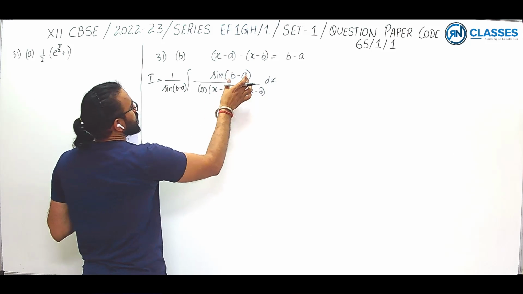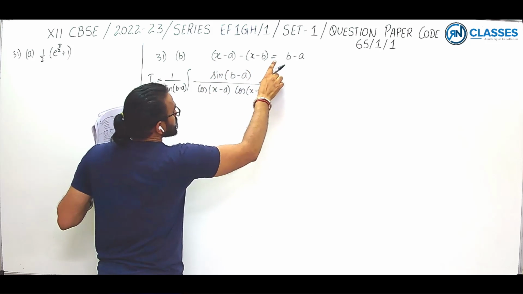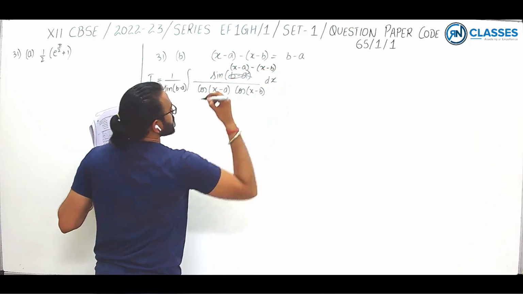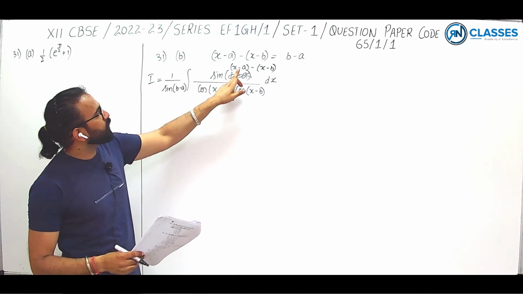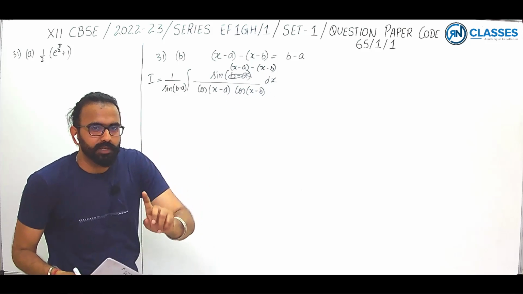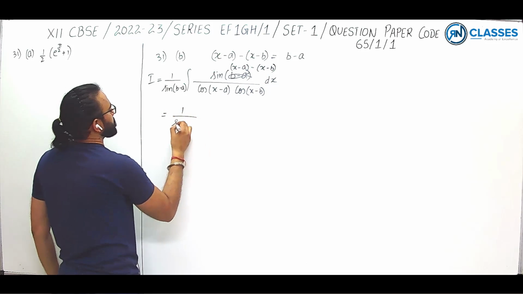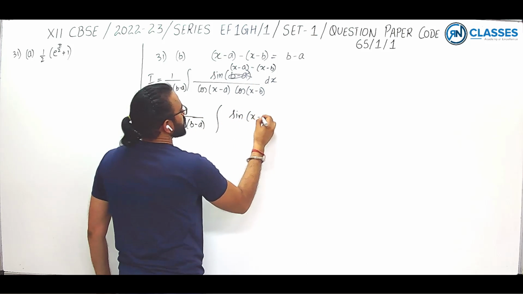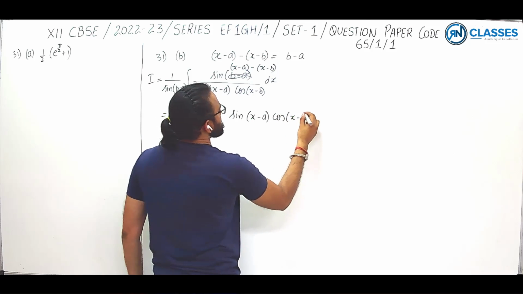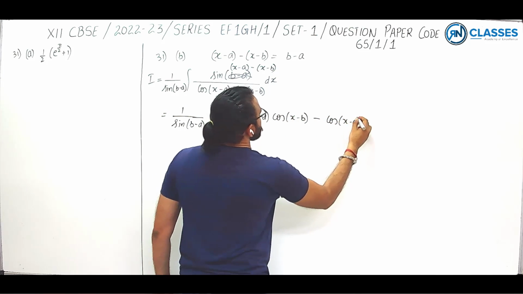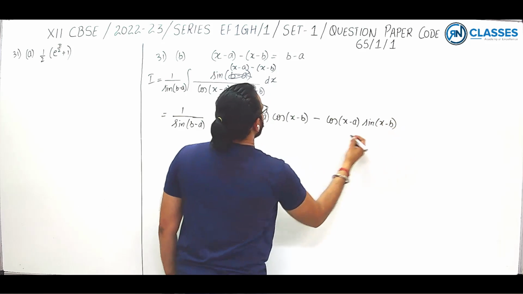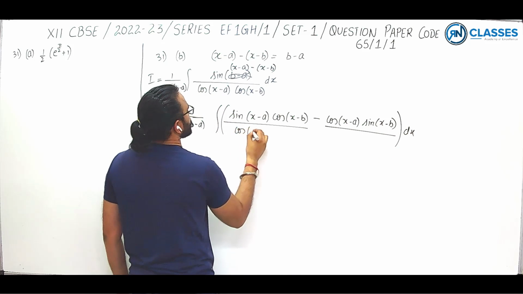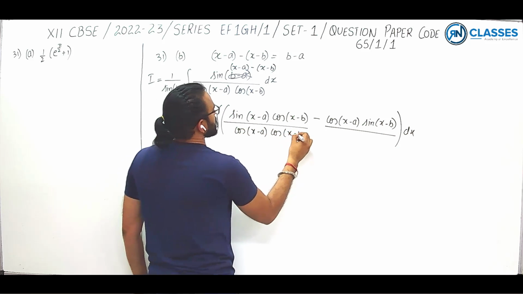How? This angle can be written using this condition, which is x minus a minus x minus b. Now this turns out to be of the type sine of a minus b. And we know the result, sin of a minus b is sin a into cos b minus cos a into sin b. And of course the denominator we will separate, so we get cos of x minus a into cos of x minus b.